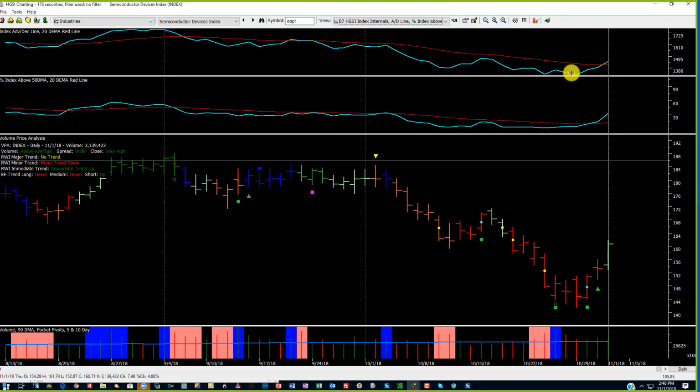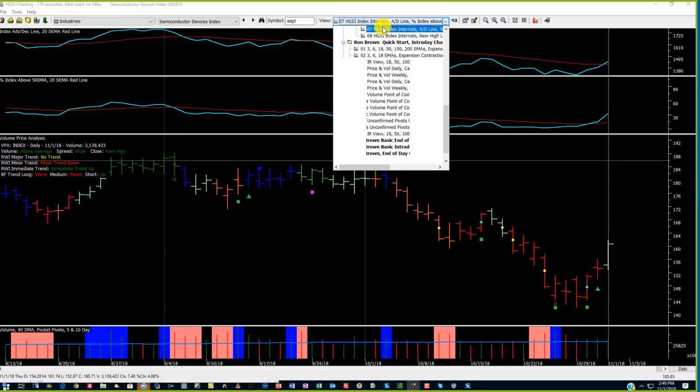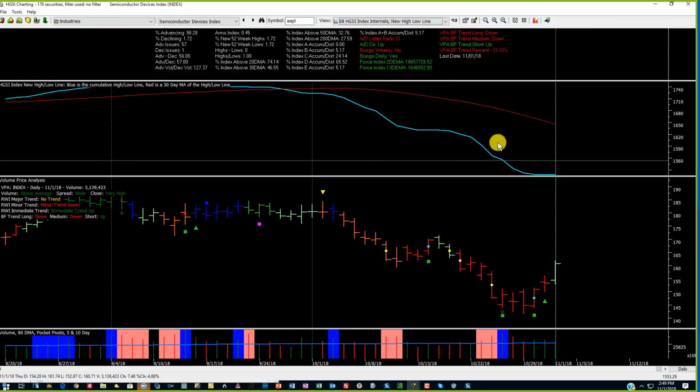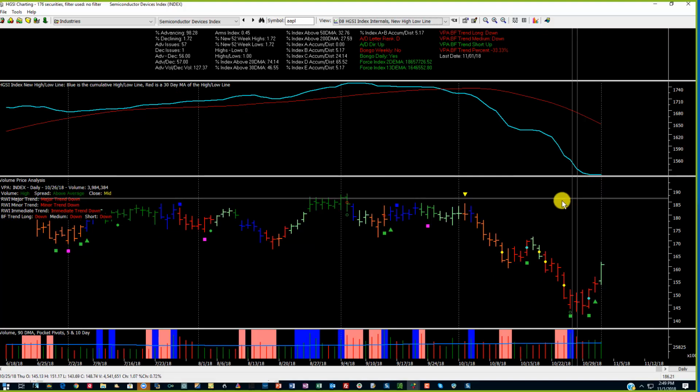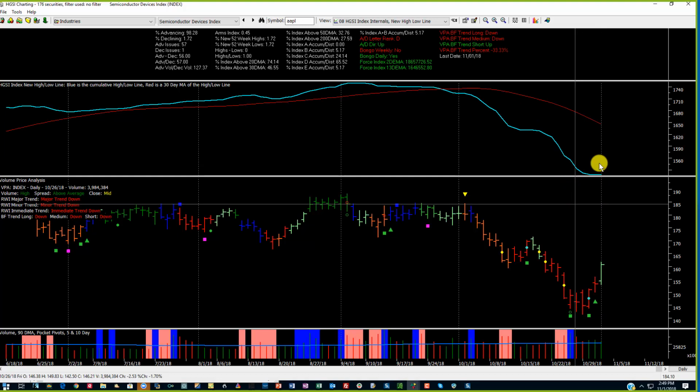Okay, this is the AD line and the percent above the 50. Just another chart. This one right here gives you all the internals and a cumulative high-low line. This is a rarity when this thing goes below its moving average, so that shows you how severe this sell-off was. And it is starting to turn back up.